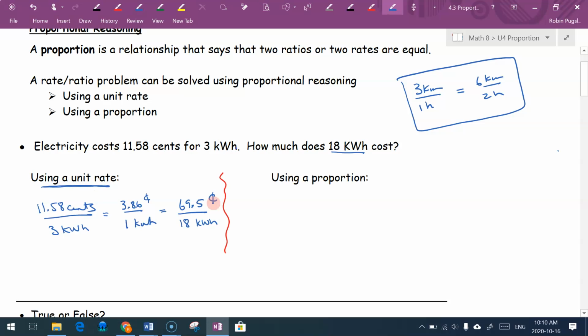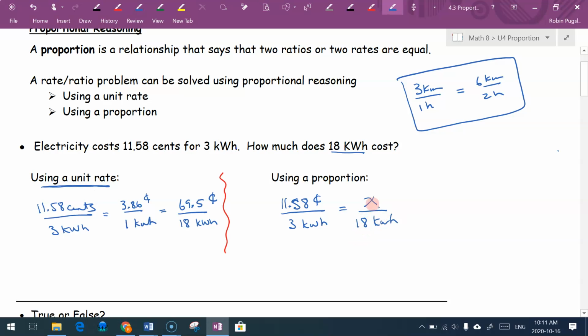All right, so we could use a unit rate to calculate. The other way we can do it is using a proportion. Well, I know if I have 11.58 cents per 3 kilowatts, this is equal to how much money per 18 kilowatts?